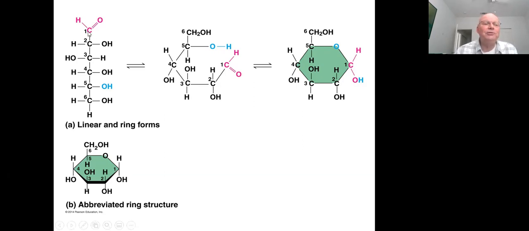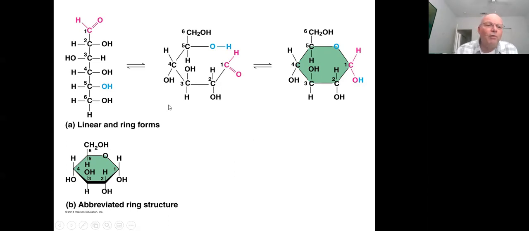So the unique feature in glucose is the carbonyl group attached to carbon number 1. So we go 1, 2, 3, 4, 5, 6. And the circularization is between carbon number 1 and the oxygen on the hydroxyl group on carbon number 5. That puts carbon number 6 outside the ring.